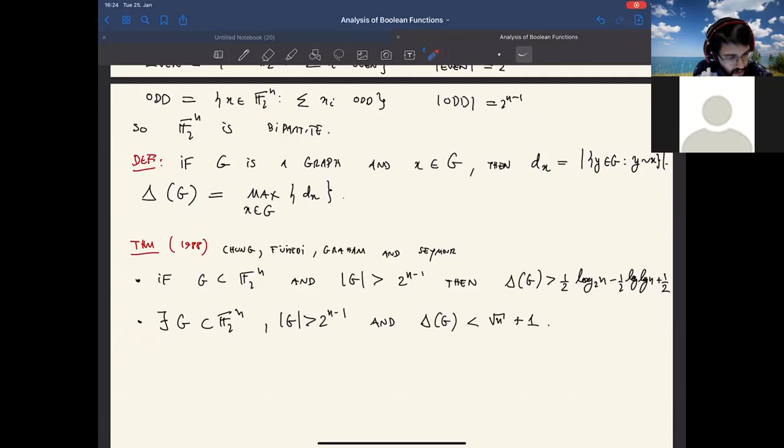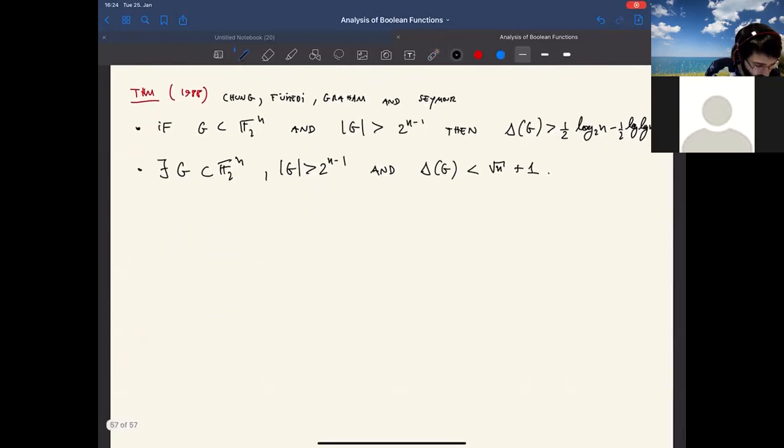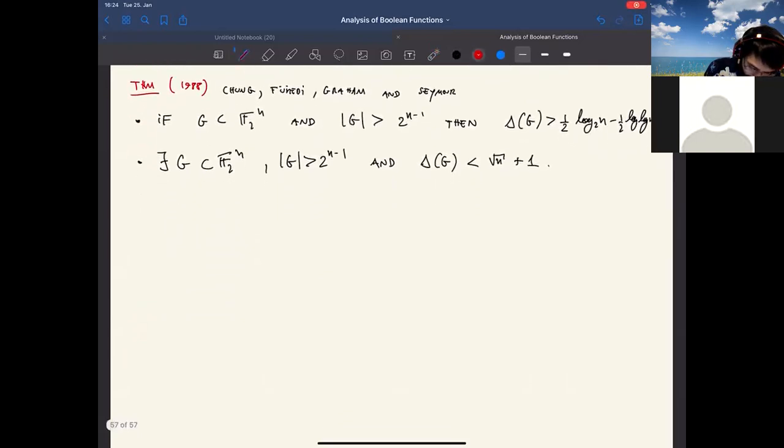Let me just present Huang's result. Huang's theorem. He improves this first statement. He says that if G has more than 2^(n-1) points, then actually the degree of G is greater or equal than the square root of n.